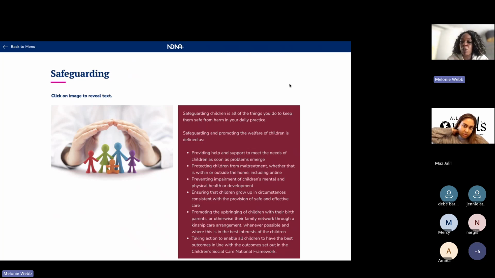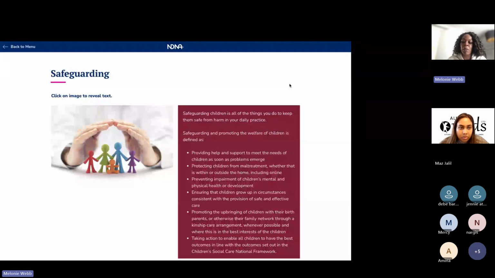Protecting children from maltreatment, whether that is within the home, including online, or outside the home. Preventing impairment of children's mental and physical health or development. Ensuring that children grow up in circumstances consistent with the provision of safe and effective care. Promoting the upbringing of children with their birth parents or otherwise their family network through a kinship care arrangement.